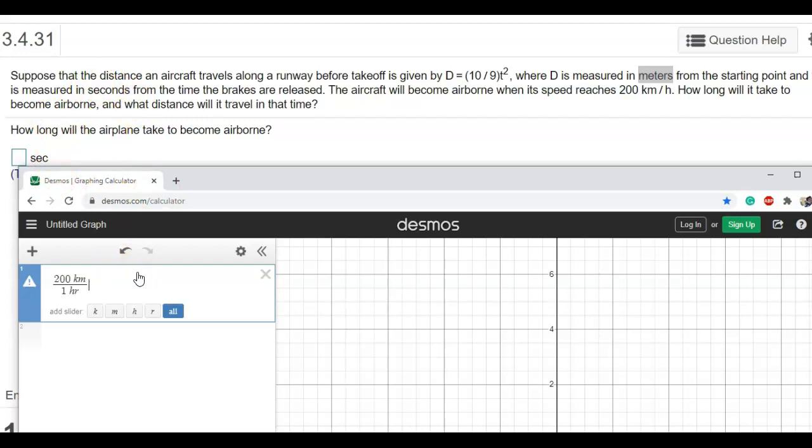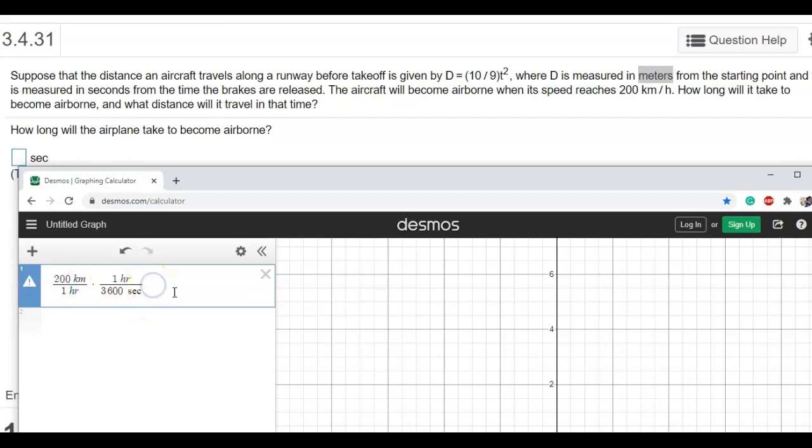So I'm going to multiply that by, in 1 hour there are 60 minutes, and in each minute there are 60 seconds. So that's 3,600 seconds. What's going to happen there is these hours are going to cancel, and we're going to be left with kilometers per second.